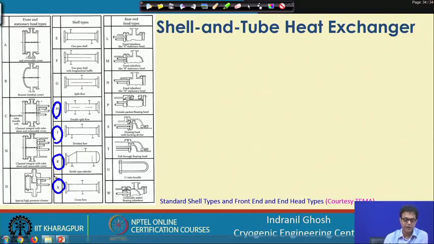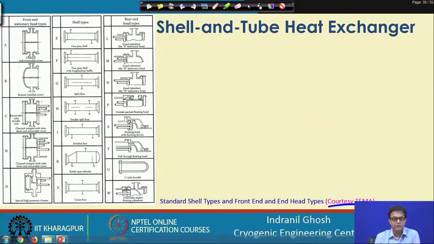Similarly, as we have seen, we have the channel and removable cover. This is for the entry, and you see this is named A. Similarly, we have other configurations like A, B, C, N, D, and on the side L, M, N, P. We have different types of configurations specified by TEMA.